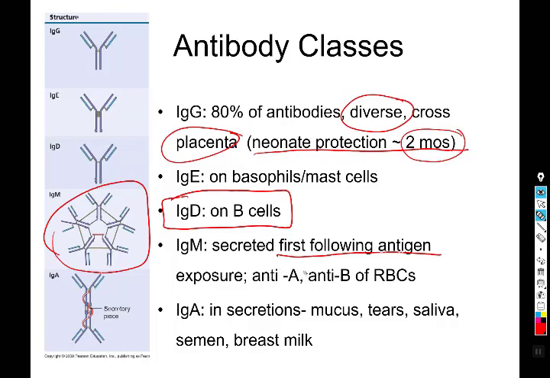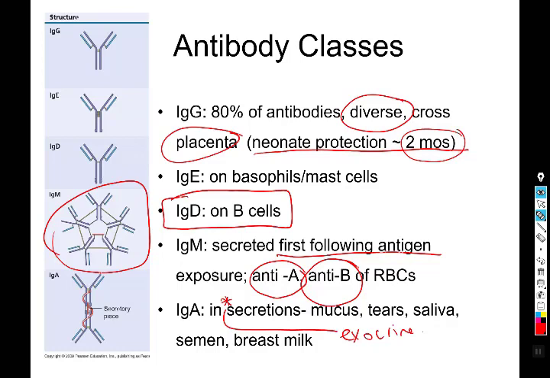Interestingly, these are also the variety of antibodies that anti-A and anti-B antibodies against red blood cell antigens are. Again, remember, I said nobody really knows how they get there. We just know they're present at birth, so their exact origin is unclear. IgAs are in secretions, so secretions specifically being exocrine secretions. So let's put a little asterisk there and say exocrine.